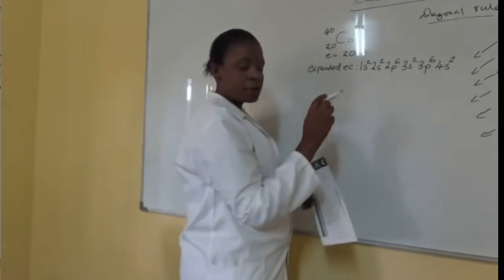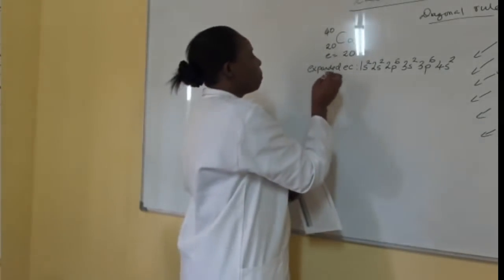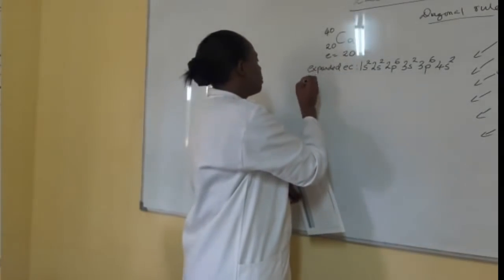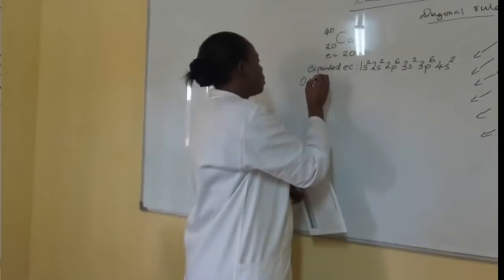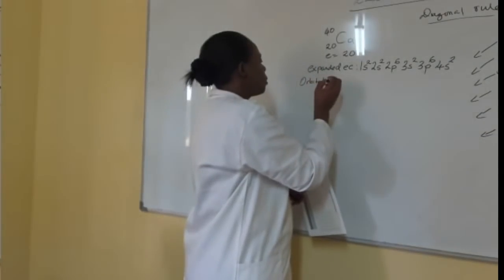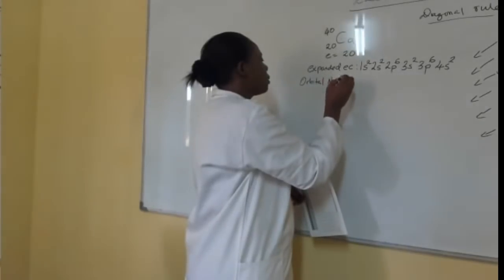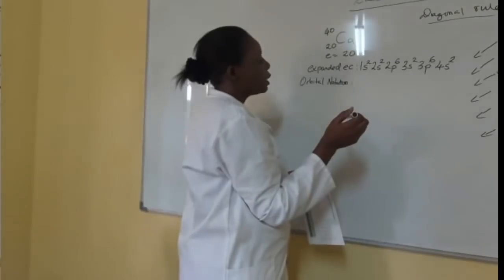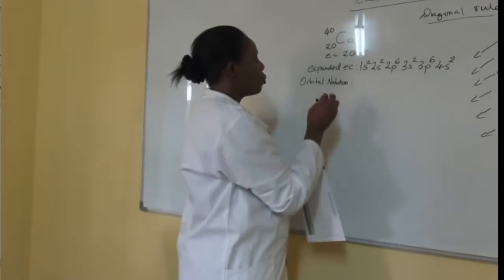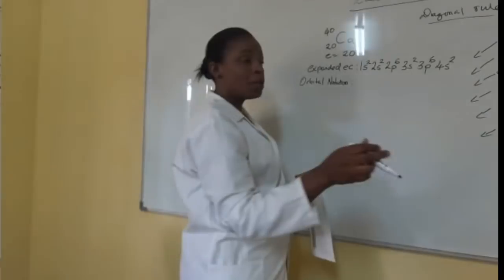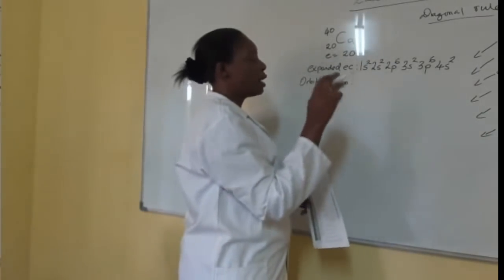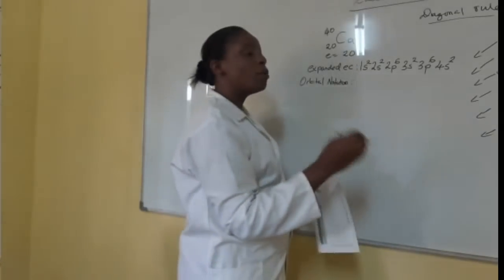Then next, we can now write what is known as the orbital diagram, or orbital notation. So orbital diagram or orbital notation, you actually draw the orbitals and represent how electrons are arranged in these orbitals.